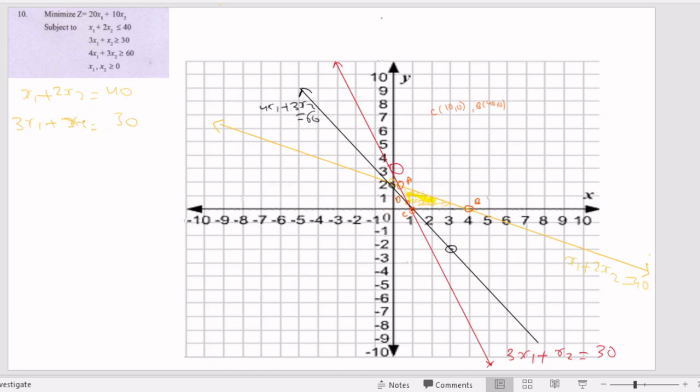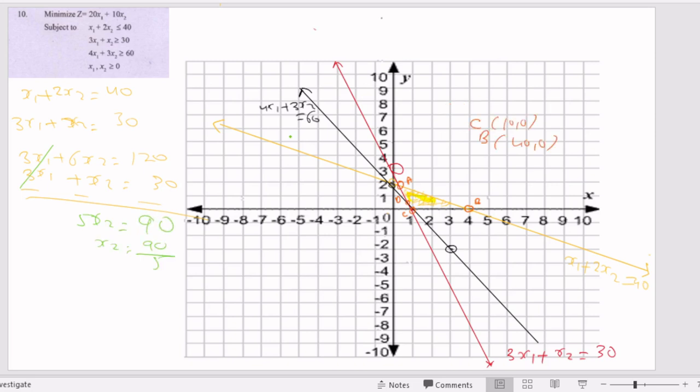Either you can use the substitution method or the simultaneous equation method. If I multiply the first equation by 3, it will be 3x1 plus 6x2 is equal to 120, and we write the other equation just below it after changing the sign, because the signs are different. This will get cancelled. This will be 5x2 is equal to 90.